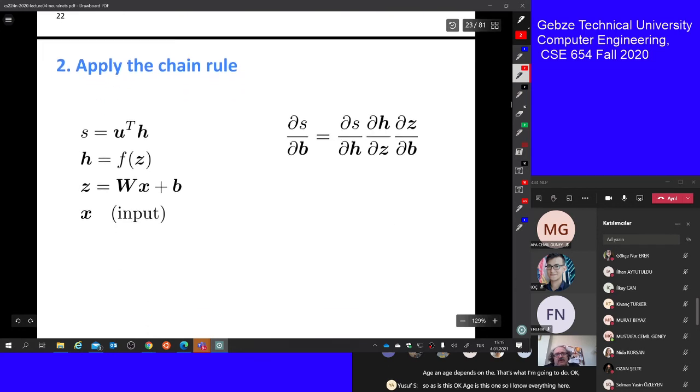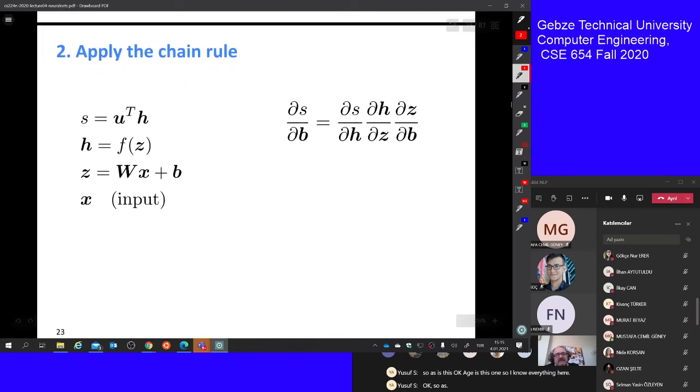Okay, so S depends on H depends on Z, and Z depends on B. Okay, so let's take, what is this? Can somebody tell me what this is?